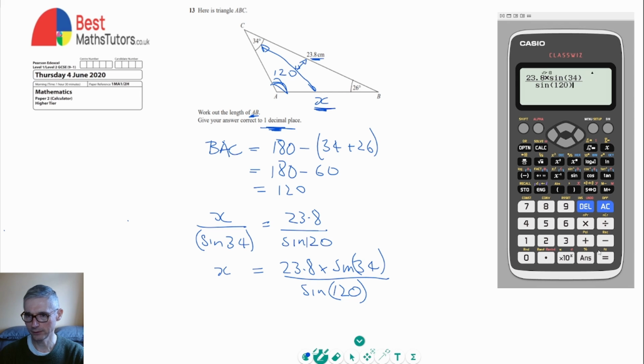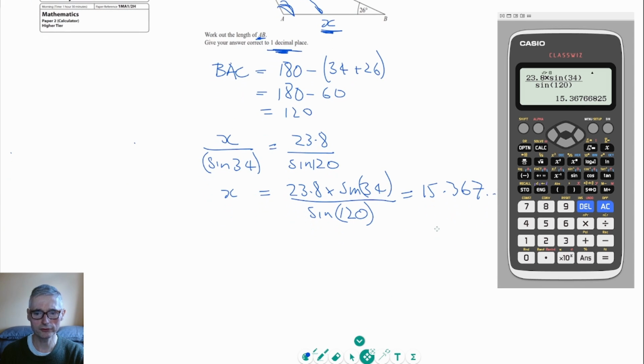Press equals. That's 15.367, with a few more decimal places after that. So I'm going to write down a few of the decimal places to begin with, 15.367, and then dots to show it's carrying on from there.